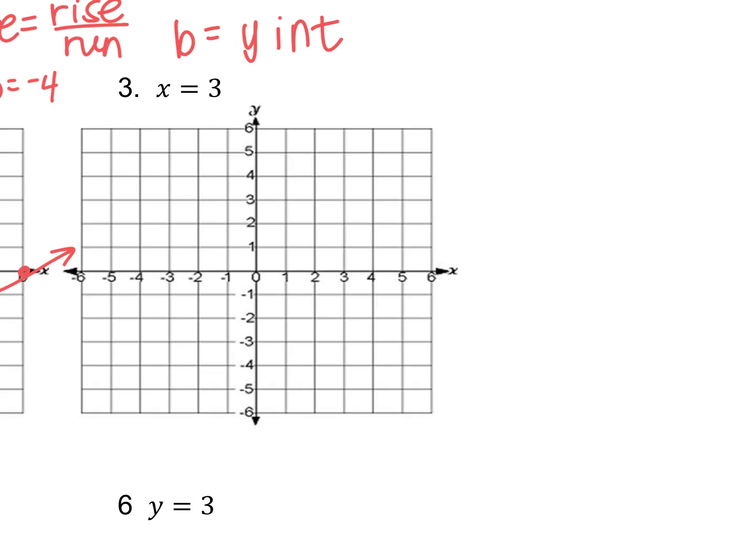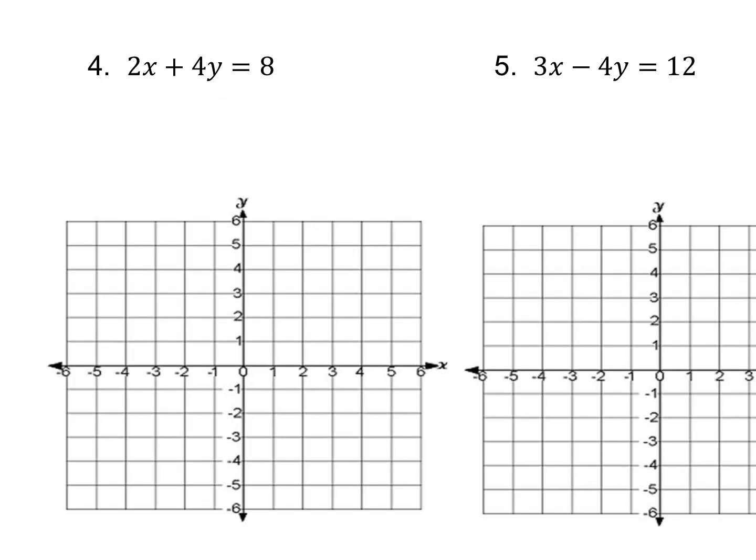Is that a vertical line or a horizontal line? Vertical. It's a vertical line. You need to know that. If it's a vertical line, what's the slope? Undefined. Okay, so I'm going to go over to where x equals 3, right here. That's where x equals 3. And I'm going to draw a vertical line. X equals 3.